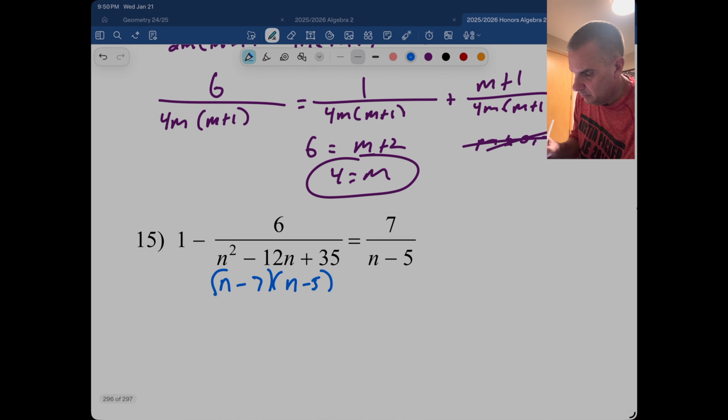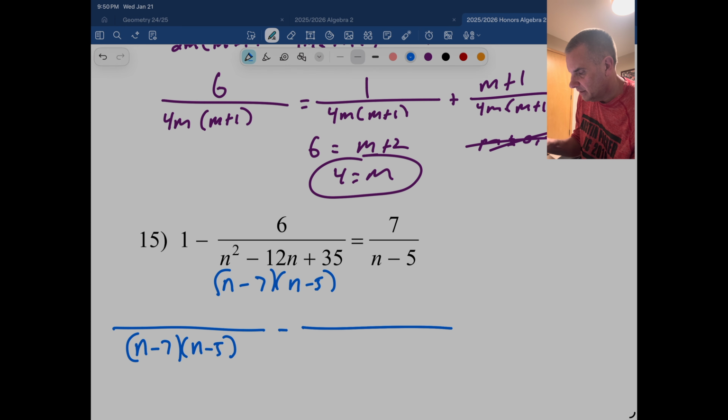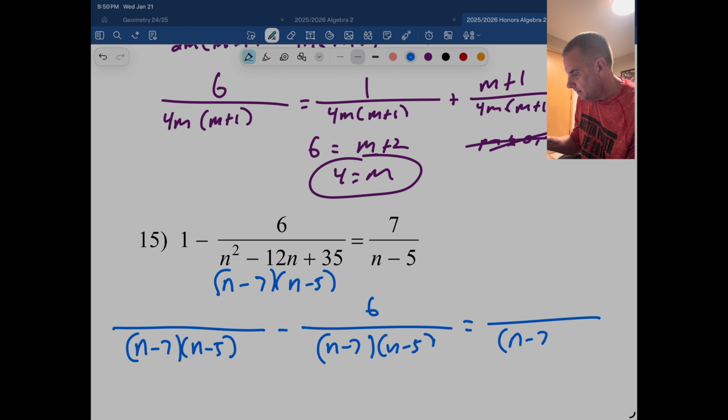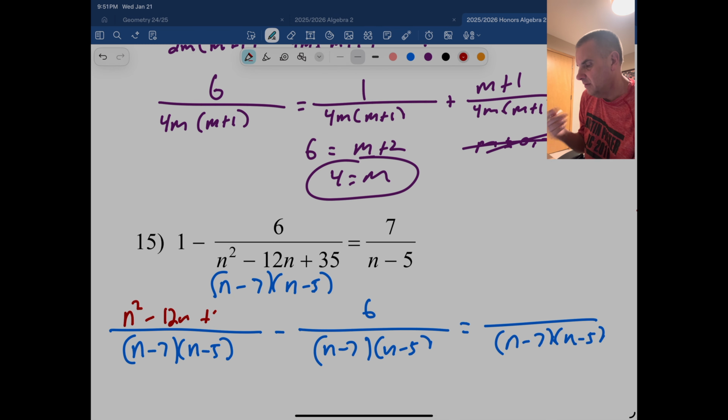So n minus 7 is n minus 5, minus 6 over n minus 7 is n minus. This is just going to be n minus 7 times n minus 5, which is just n squared minus 12n plus 35. Oh gosh, we're going to get another big one here.